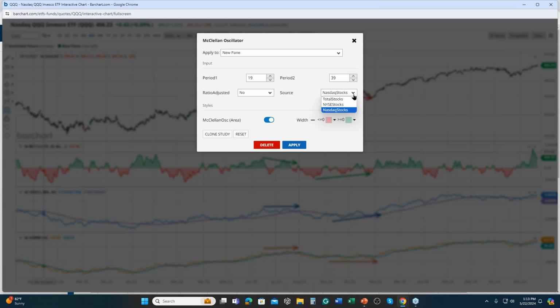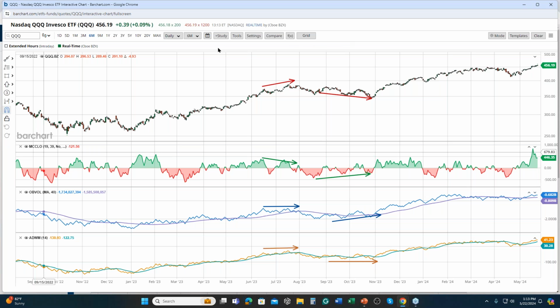You can source all total stocks. Again, that's one of the criticisms of a lot of breadth indicators today, because of the proliferation of all these different types of equities. Or the NYSE, the New York Stock Exchange, or the NASDAQ. Since we're doing the QQQs, let's focus on the NASDAQ as our source of information.